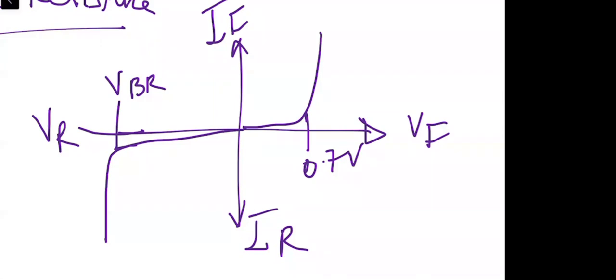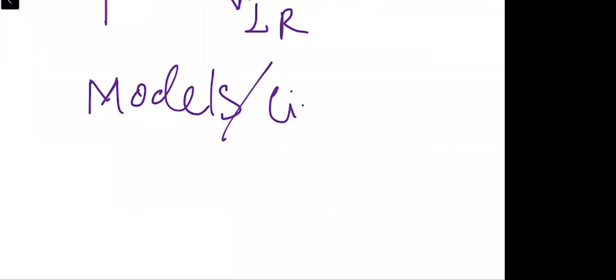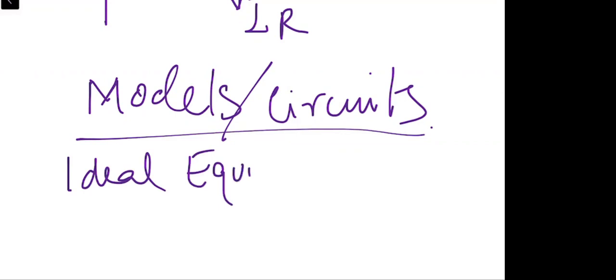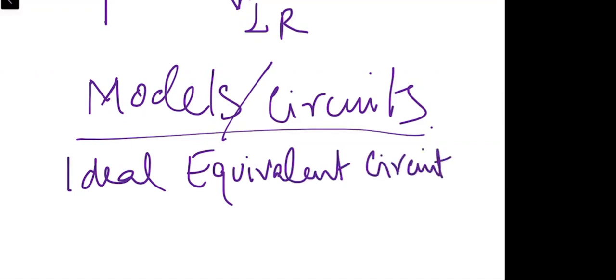The first model is called the ideal equivalent circuit or model, right?